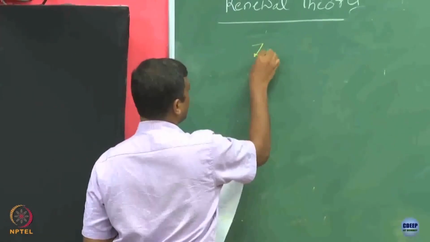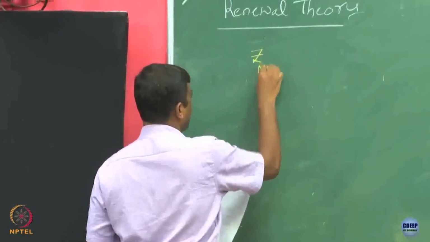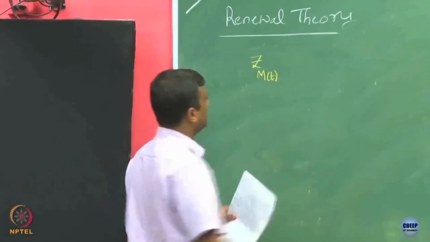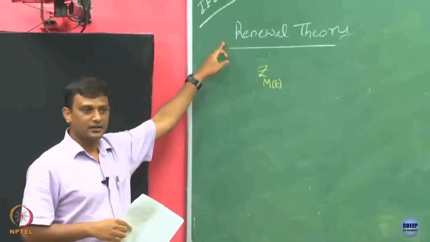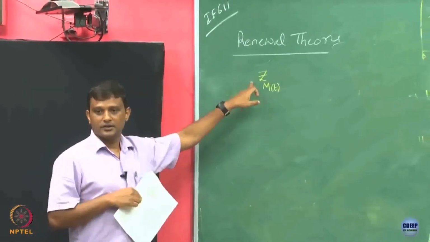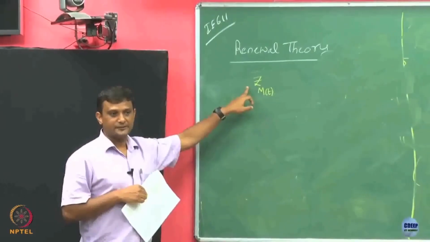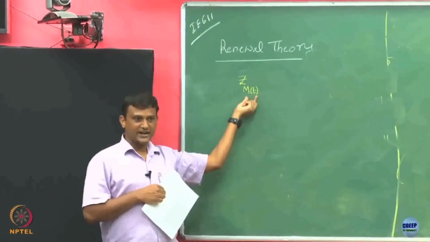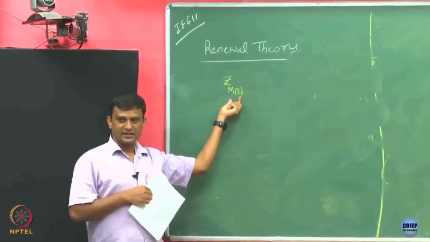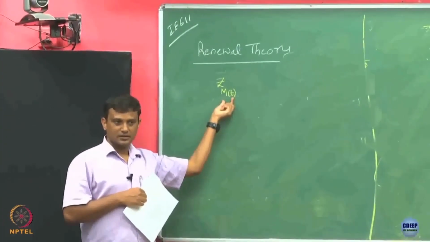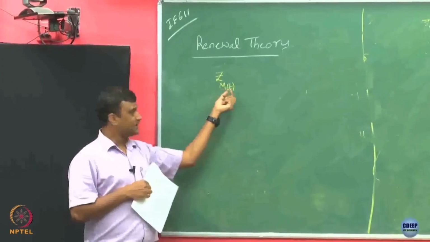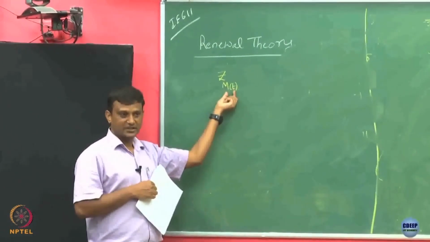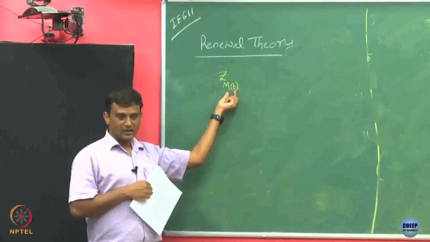Let's take Z subscripted by M(t), Z_M(t). So this M(t) we know is an integer value, right? So what I am looking at is a renewal happening for the mth time, or the mth renewal.